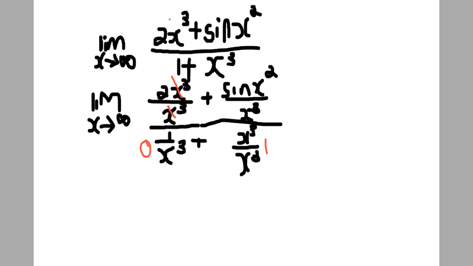So basically I'm more interested in here. Let me write the equation. We will have something like this: the limit as x approaches infinity. Here they cancel each other and we are going to have 2.